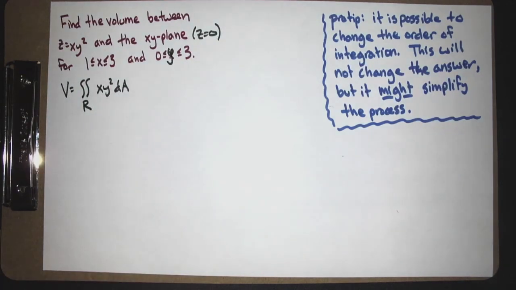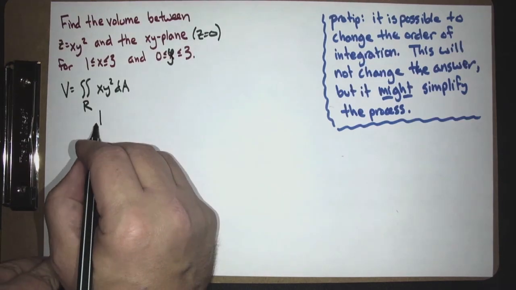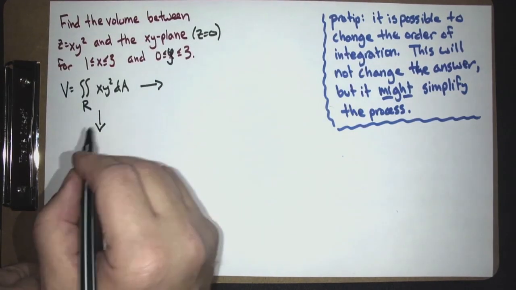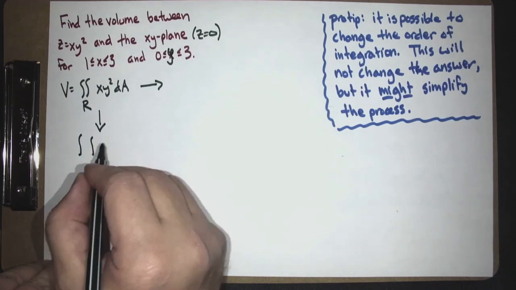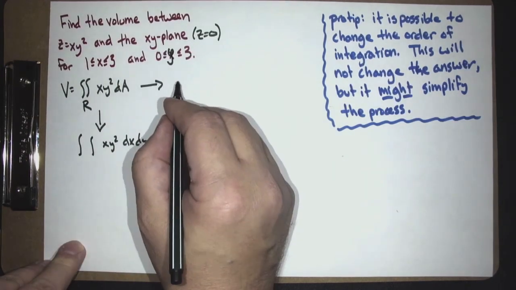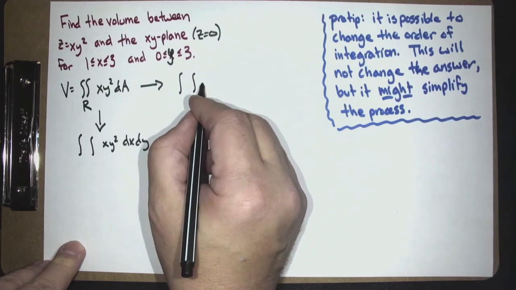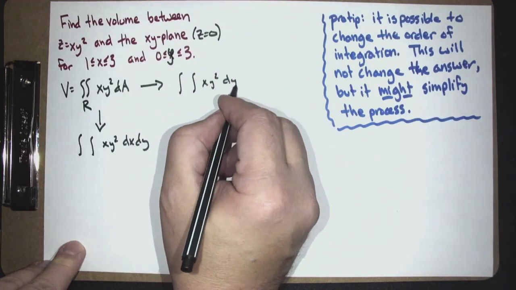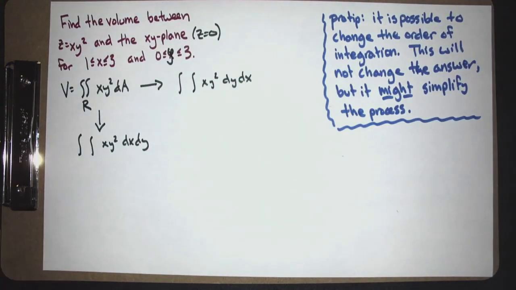So now we've come to the point where we get to do a choose your own adventure. So our 2 options. Well, we can integrate xy squared dx dy, or we can integrate xy squared dy dx. Now these integrals aren't done yet. We have to set up our bounds.